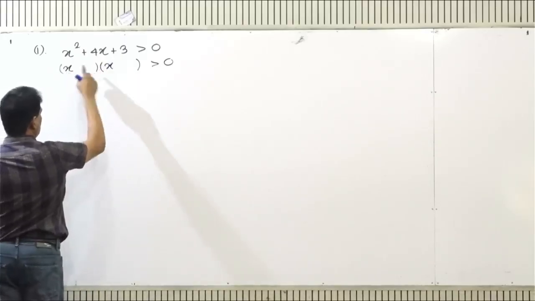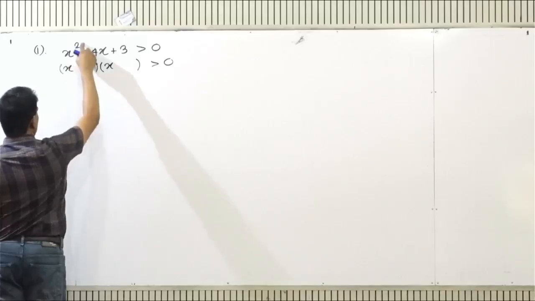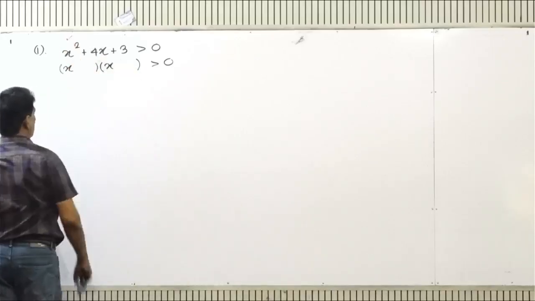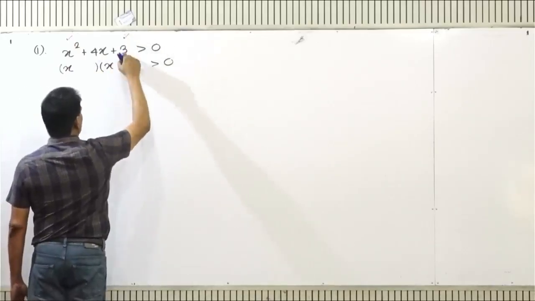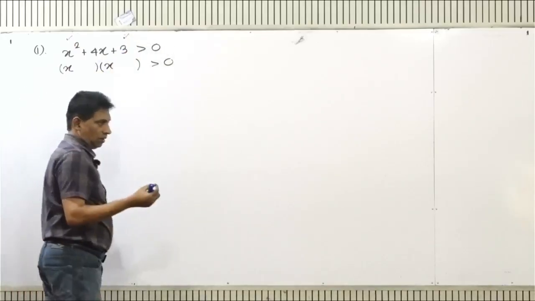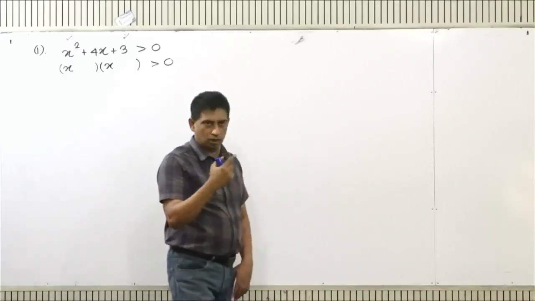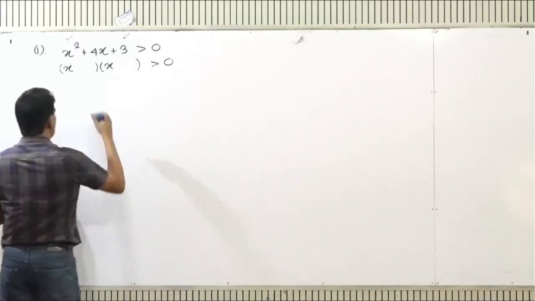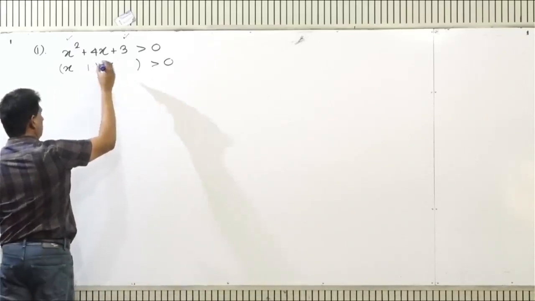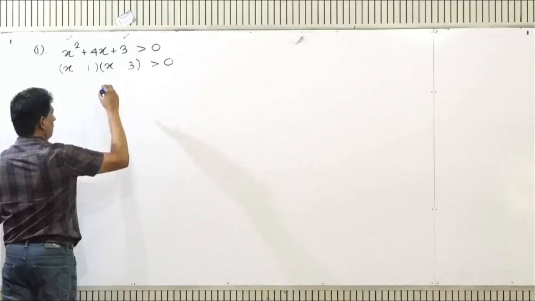When we multiply positive x by positive x, positive x squared is there. Then here positive 3. We can write 3 as 1 into 3. So in one bracket there should be 1, in the other bracket there should be 3.